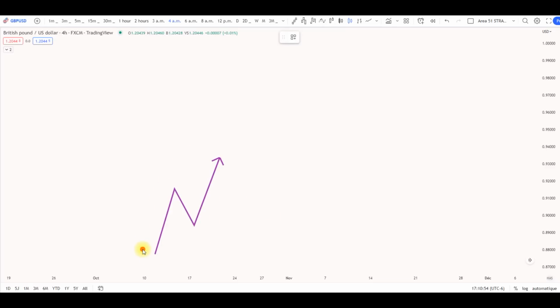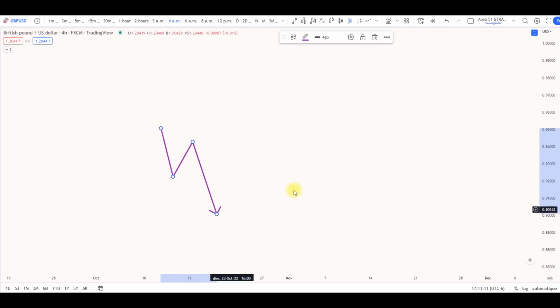Now that I hope we understand how demand works, we're going to illustrate and see how supply works. In order to find a supply zone, on the reverse, we have to look for the same signs. We have to identify the direction of the market.